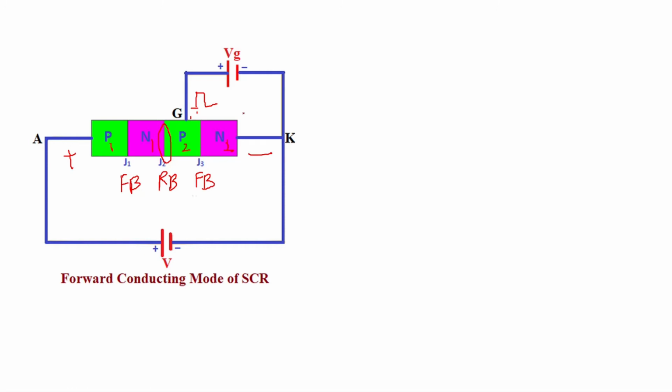Okay, so if you draw a graph for this, say this is your anode current, and this is your voltage across anode and cathode, the anode cathode voltage across the SCR. Initially this was 0, we had the forward blocking state and it came somewhere here.